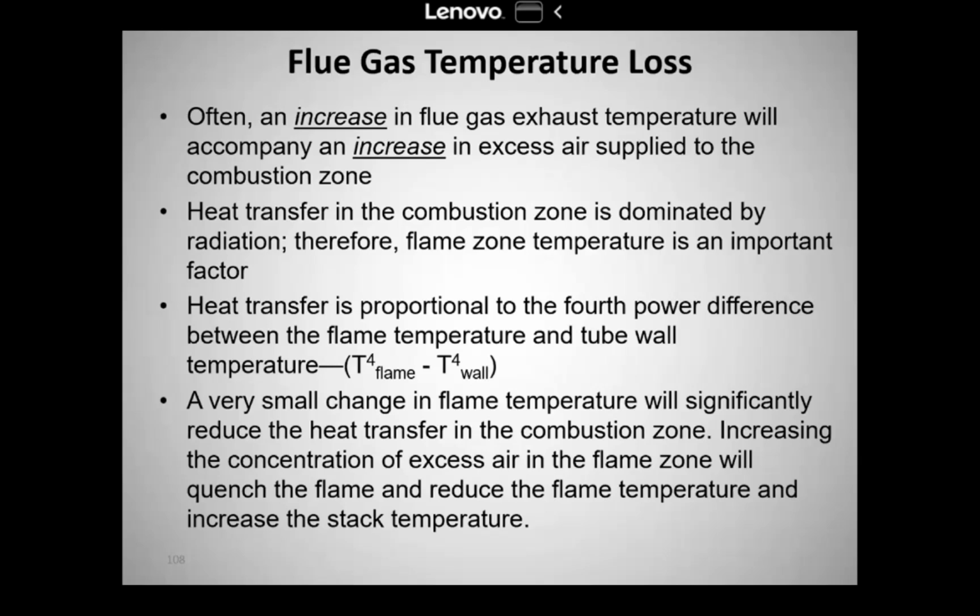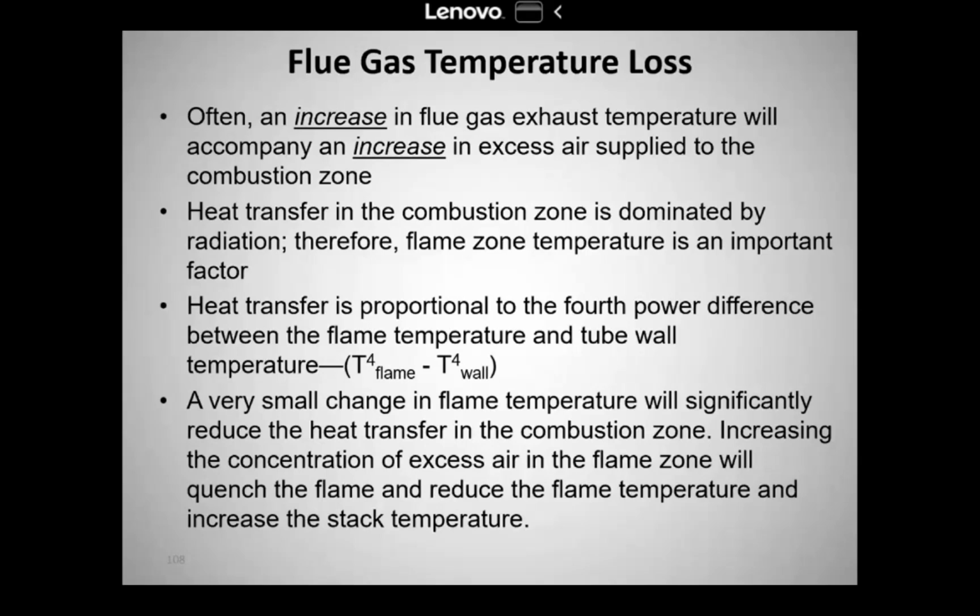So the flame zone temperature is an important factor. So then we say heat transfer is proportional to the fourth power difference between the flame temperature and the tube wall temperature. So a very small change in flame temperature will significantly reduce the heat transfer in the combustion zone. So if I put in this larger amount of air, I quench that flame temperature.